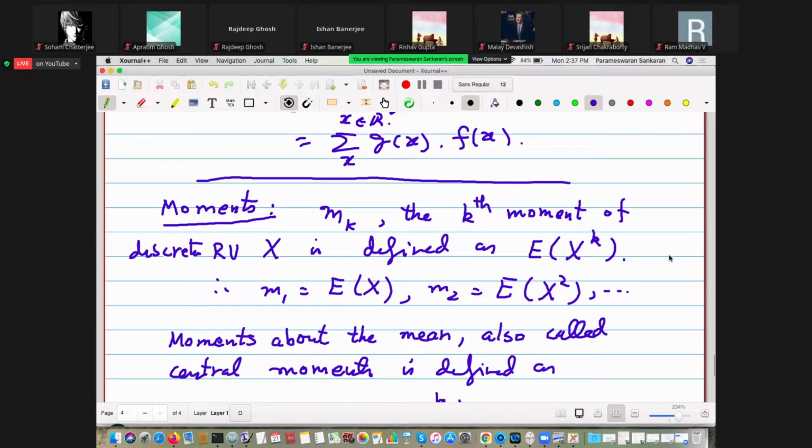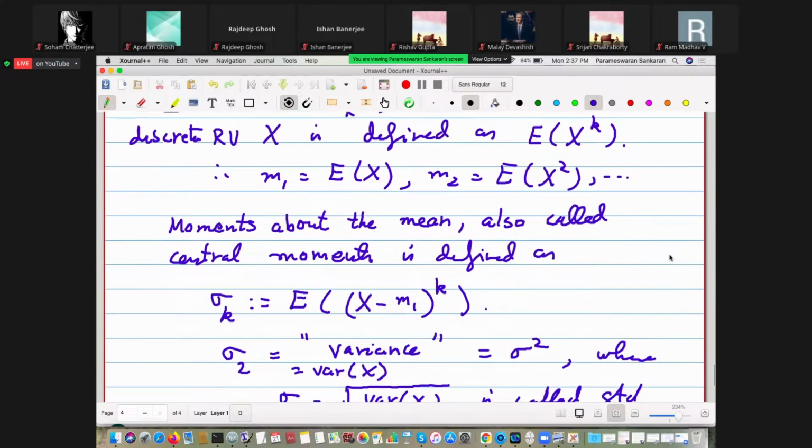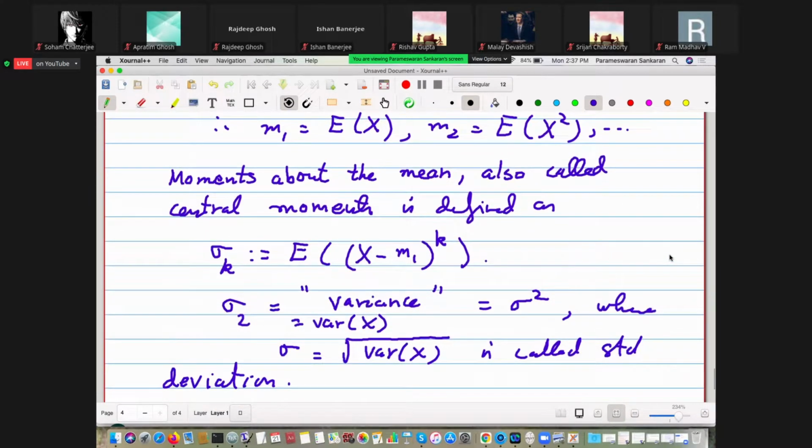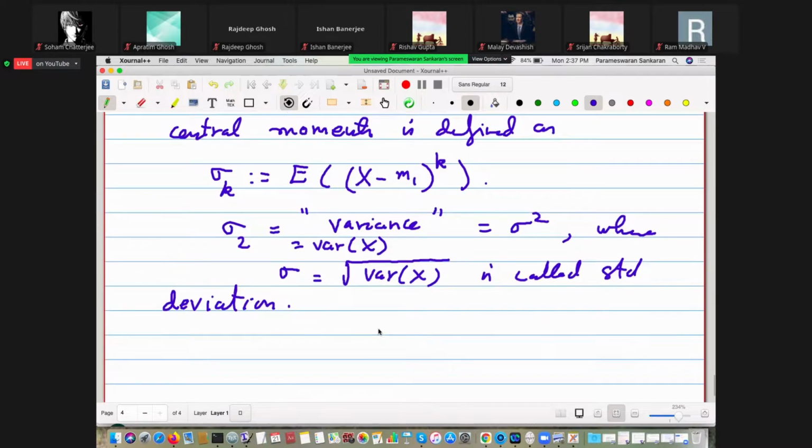Therefore you are adding non-negative quantities, and that means that variance in particular, or in general, sigma k when k is even, is greater than or equal to 0.